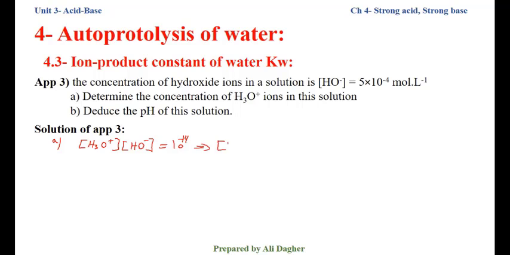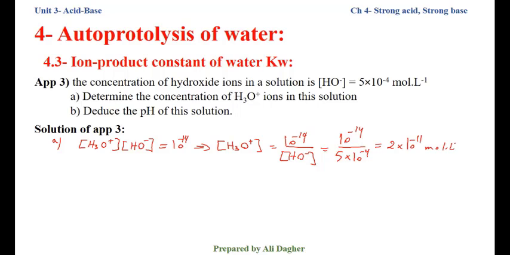Then concentration of H3O+ equals 10 negative 14 over concentration of HO-, equals 10 negative 14 over 5 times 10 negative 4, equals 2 times 10 negative 11 mole per liter.